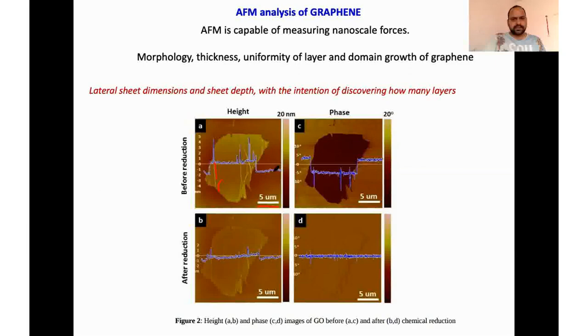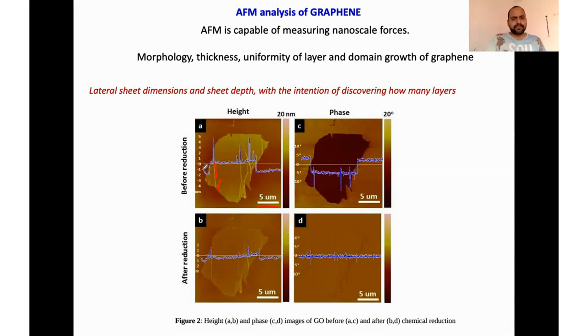But see the difference when it is reduced: this green color has very little height, and even the red varies only about 0.5. So you can see the height is reduced, the thickness of the sheet is reduced when the graphene oxide is reduced to form reduced graphene oxide.